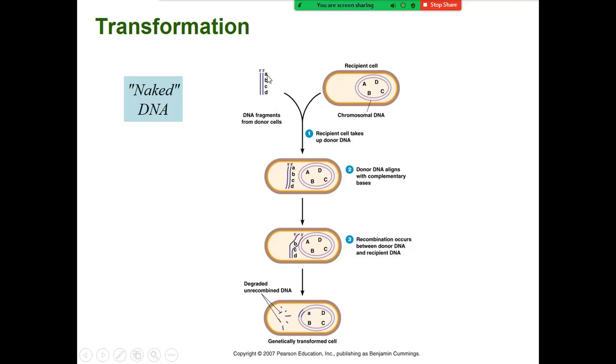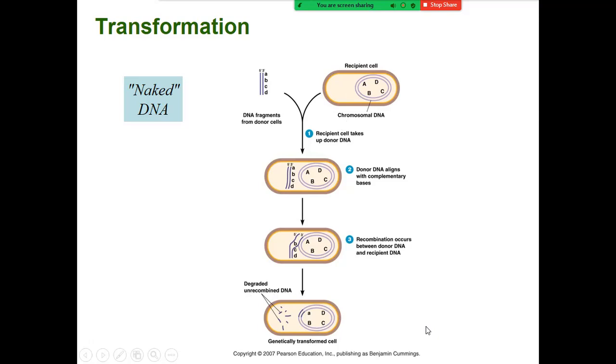For example, if the lowercase a coded for antibiotic resistance, like penicillin G resistance, and then that DNA is incorporated into this cell, and then the lowercase a is incorporated into the chromosome, and then the A is expressed, this cell is now resistant to penicillin G. Whereas before, this cell was sensitive to penicillin G.